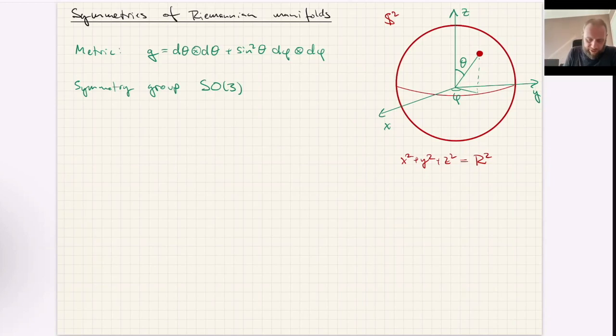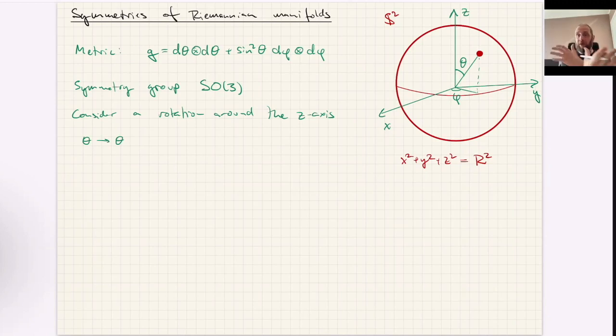So let's discuss a little bit what such a rotation would look like. Consider a rotation around the z-axis. This would essentially send theta to theta.